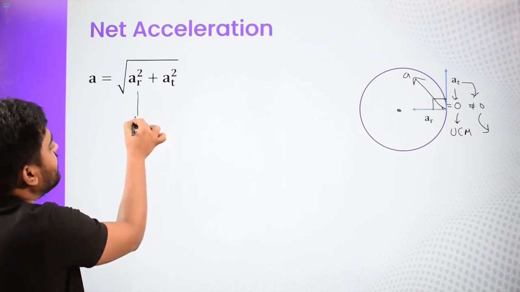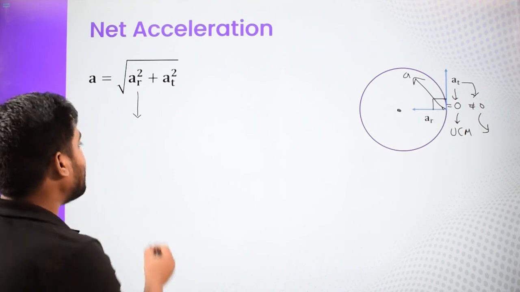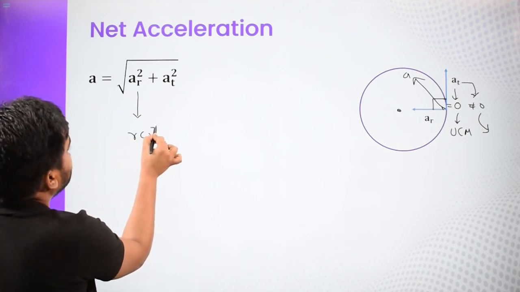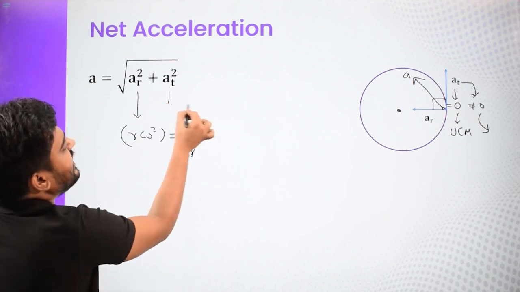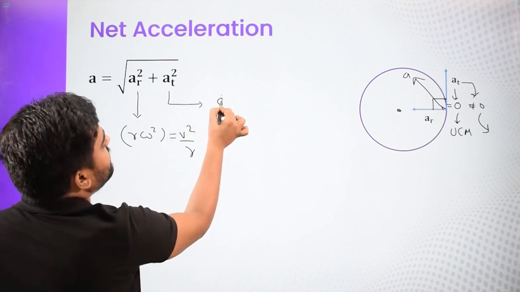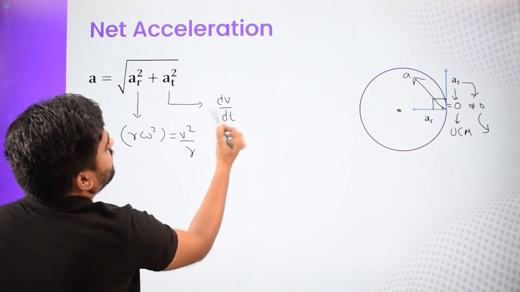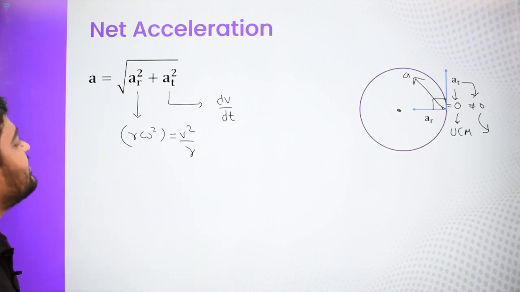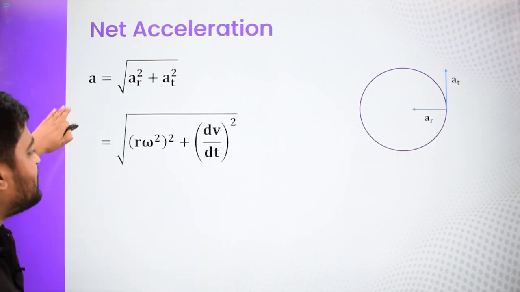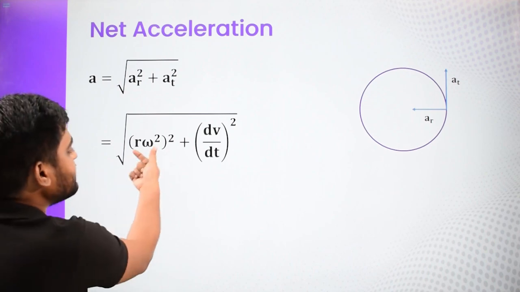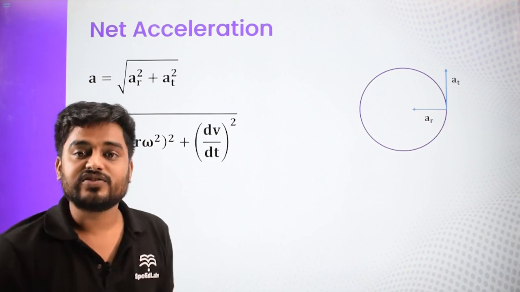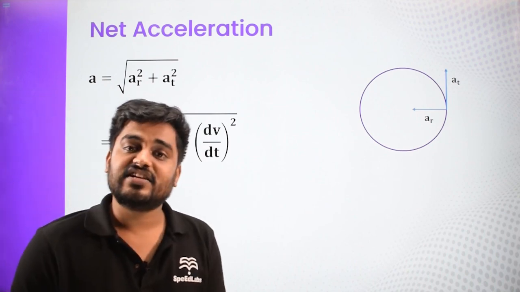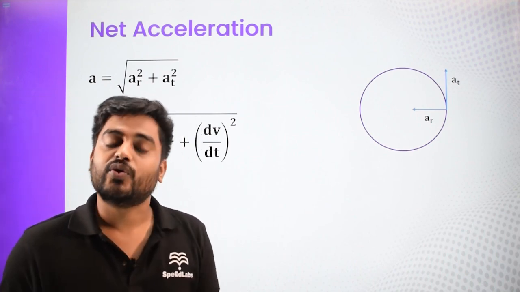We had already discussed that AR is basically R omega square or v square by R, and AT is nothing but dv by dt. So the net acceleration is given by the square root of R omega square whole square, plus dv by dt whole square. This is how we give the net acceleration when a particle is performing rotational motion.